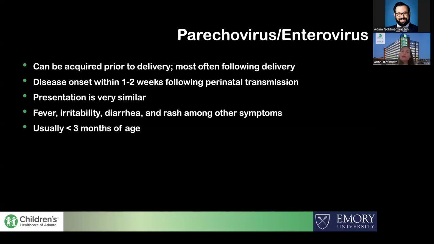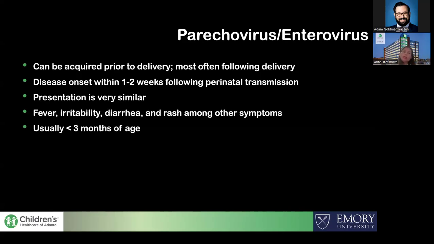They can be acquired even prior to delivery, though the majority of cases actually happen following delivery. It usually takes approximately 1–2 weeks following perinatal transmission for the disease to start presenting clinical symptoms.